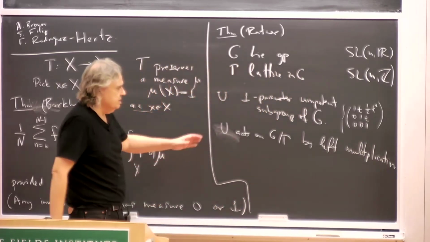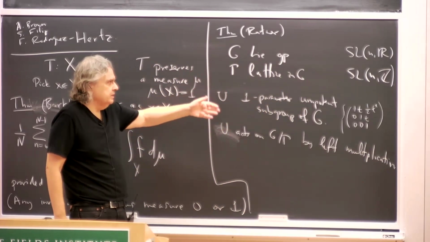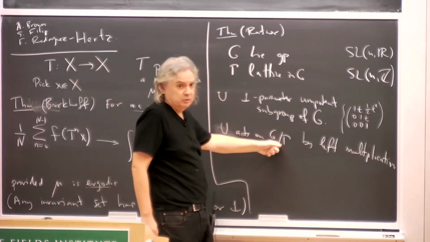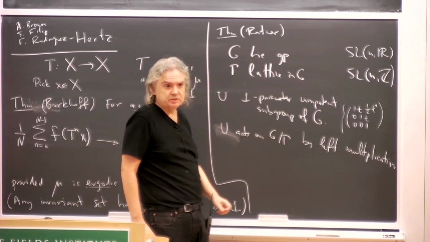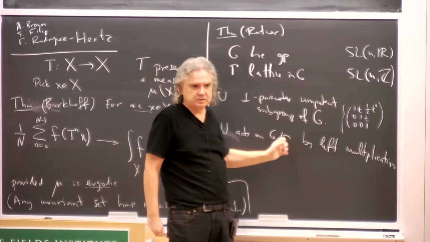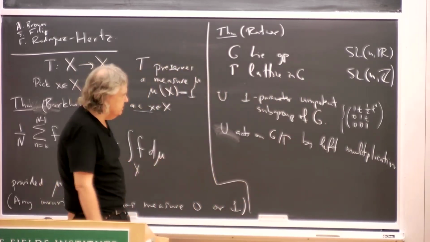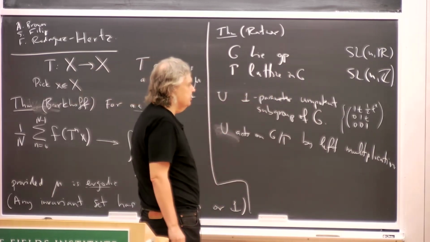This is a dynamical system which is very nice. In particular, it's homogeneous: in G mod gamma, every point looks like every other point. So it's called homogeneous dynamics. And the fact that U is unipotent is crucial for the proof. If you drop this assumption, as stated, the theorem is false.